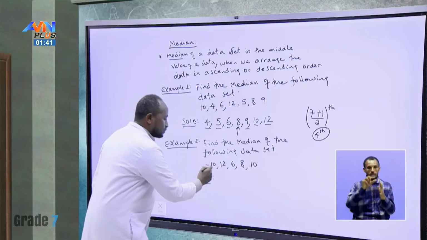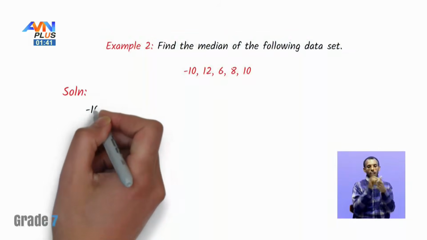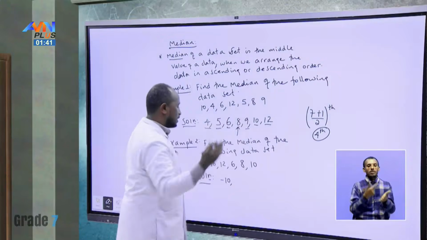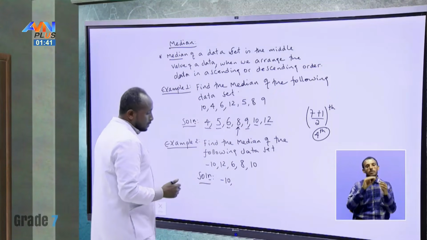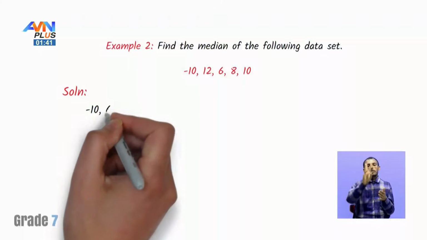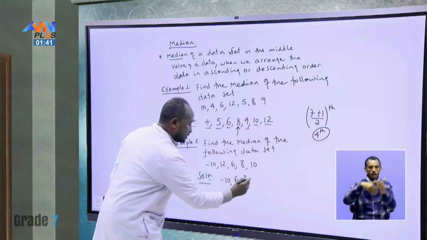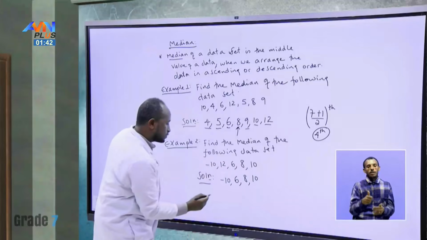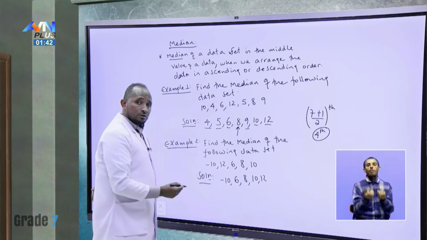Here, the smallest of this dataset is -10, since a negative number is smaller than all positive integers. So the next smallest number in this dataset is 6. Next to 6, 8. Next to 8, it is 10. Next to 10, 12.